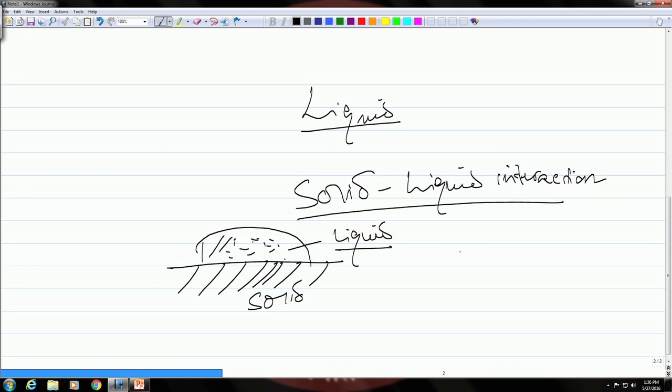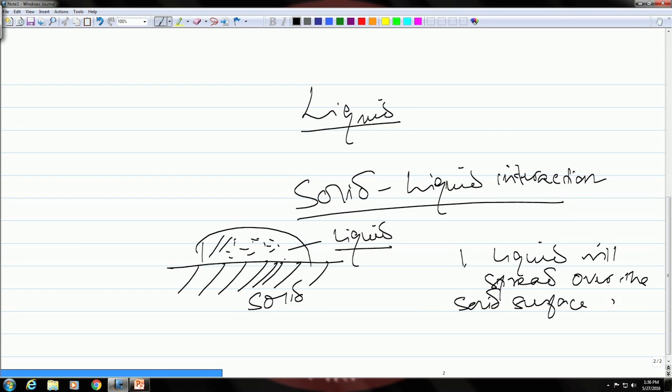One is the liquid will spread over the solid surface, or in other words, the liquid will wet the solid surface.